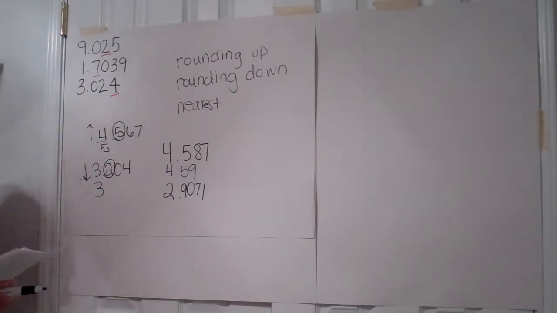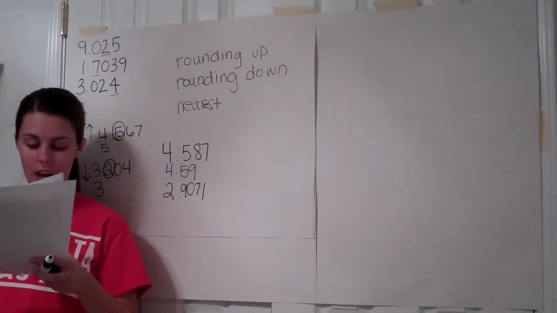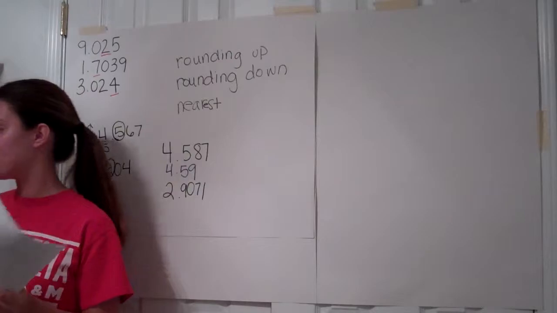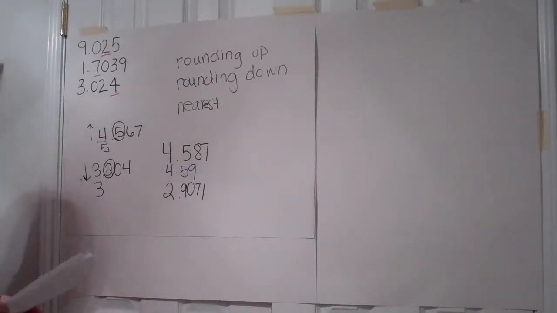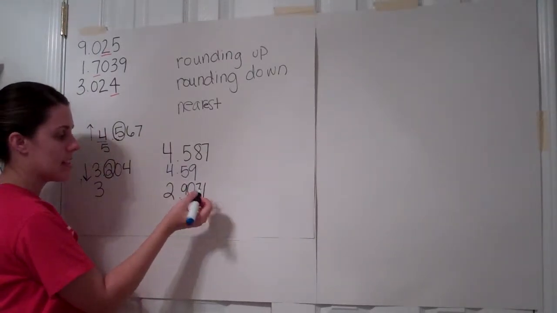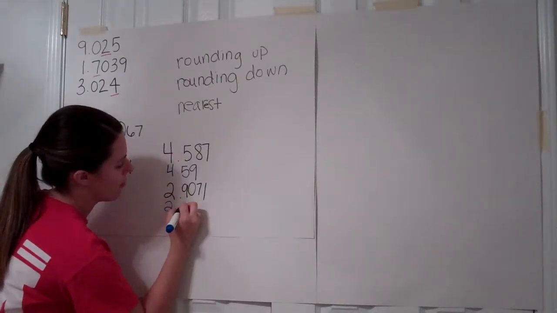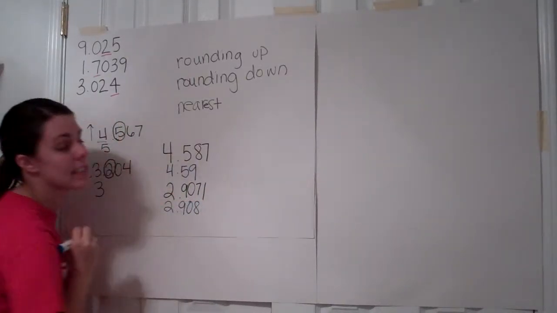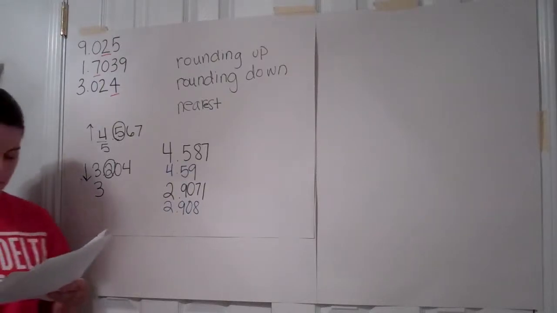Okay, so if I want to round 2.9071 to the next thousandth, Abby, what number is in the thousandth place? 7. Good. Okay, so what is our next thousandth? 8. Good. So our next thousandth is 8, so we're going to round it to 2.908. Good job.